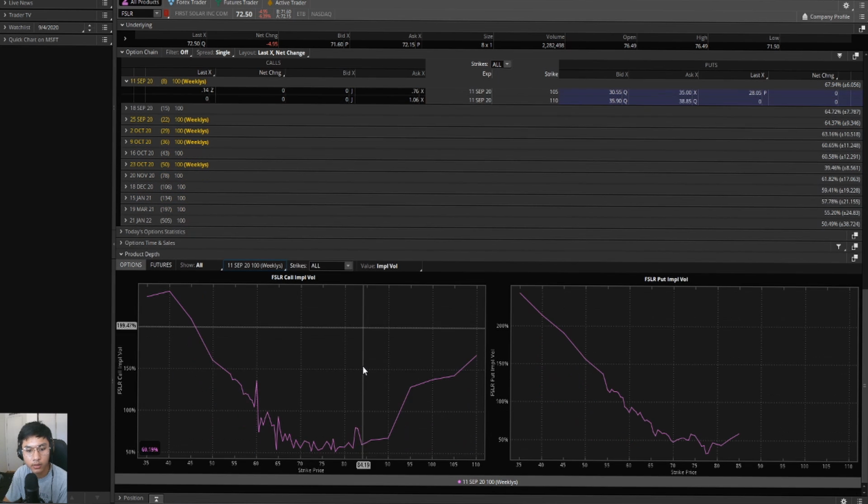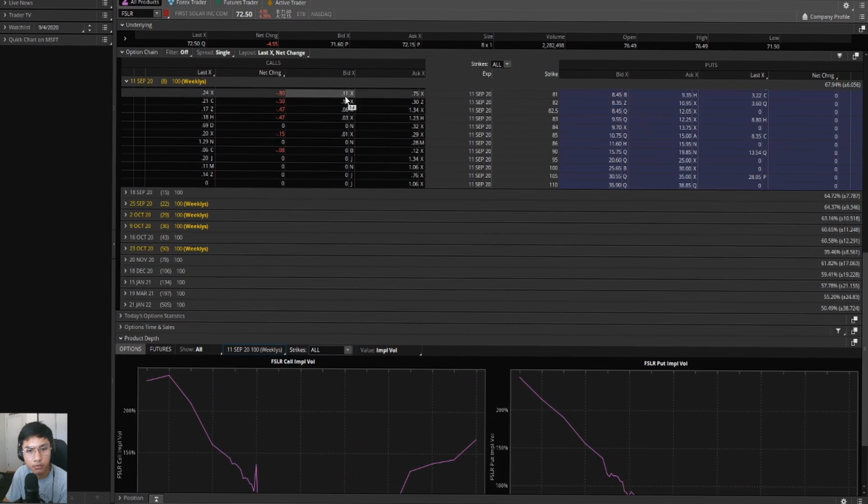When we look at the implied volatility, there is the strike price here, and this is our implied volatility. So what is implied volatility? Implied volatility is how much the stock should potentially move each day. That's how I look at it.